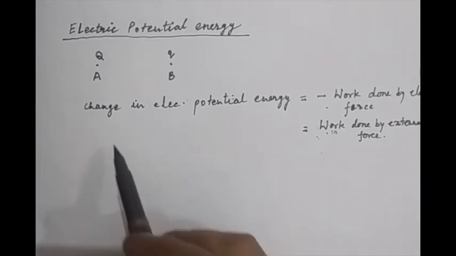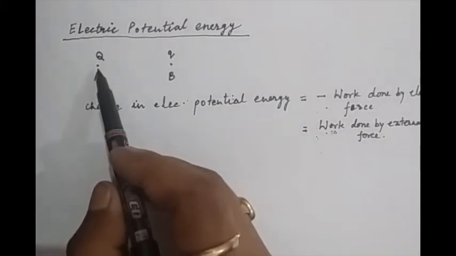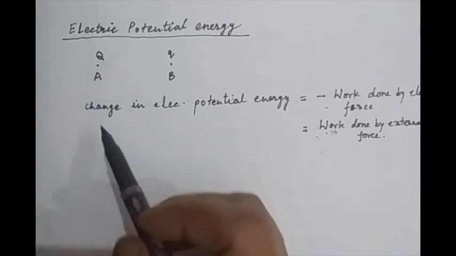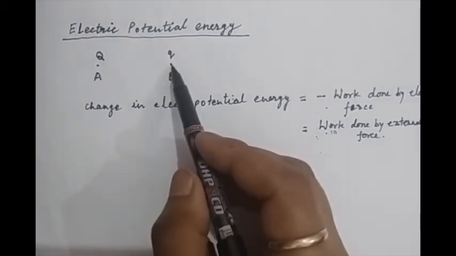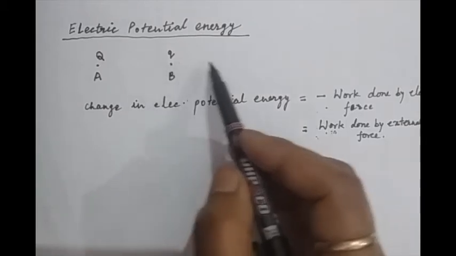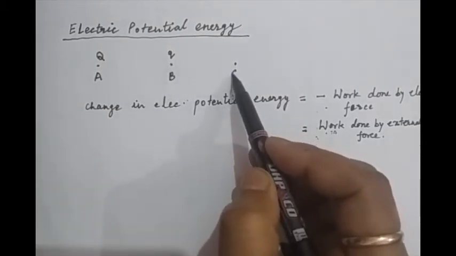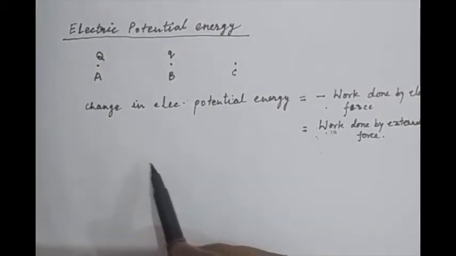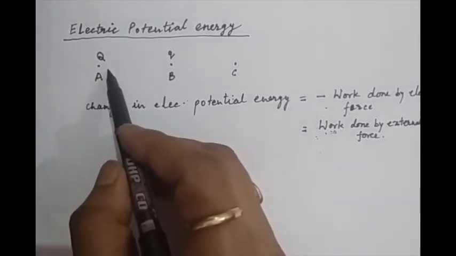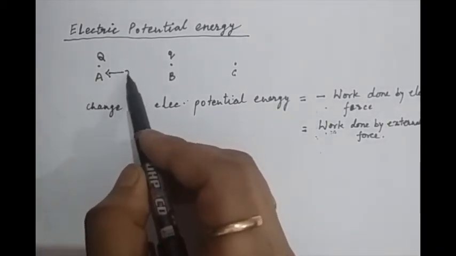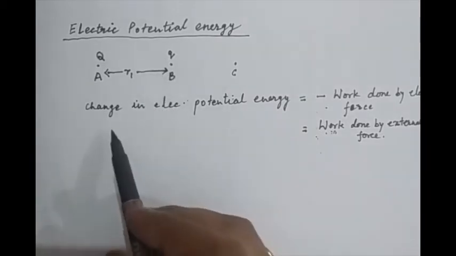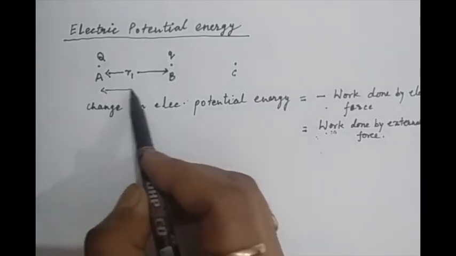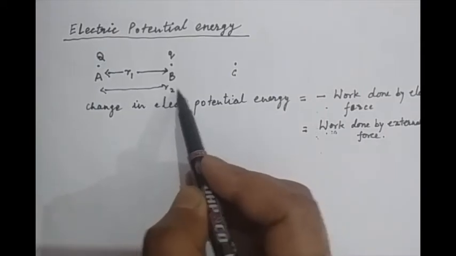Consider the charge at point A is fixed and the charge at point B is moved from B to another point C. Also consider the distance between A and B is r1 and the distance between A and C is r2.